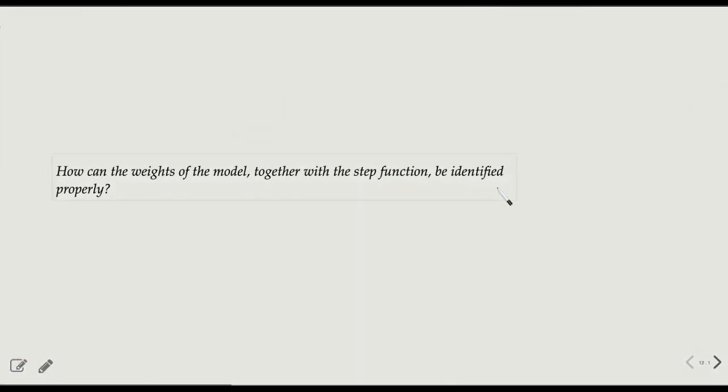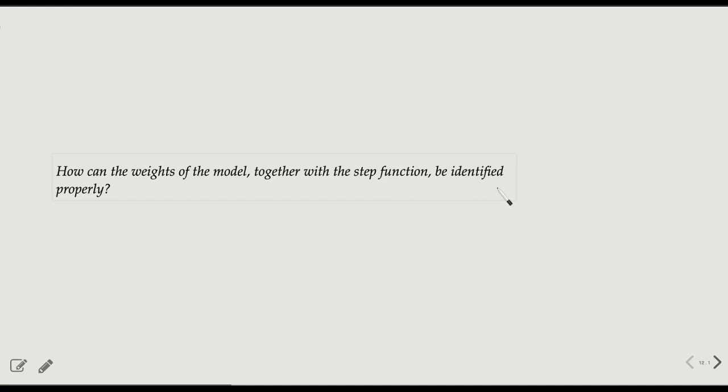So we see that the multi-layer perceptron can transform the data using the hidden layer, and then finally at the output layer we can use a linear equation to separate the data. But how can we identify the weights together with the step function to build the multi-layer perceptron for such nonlinear classification? It is tempting to use a similar strategy as we discussed in a single perceptron model, where we can update the weights using the values in the input data.